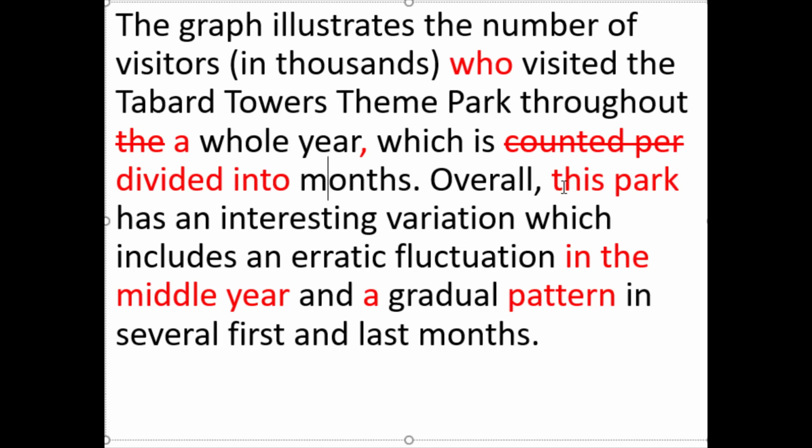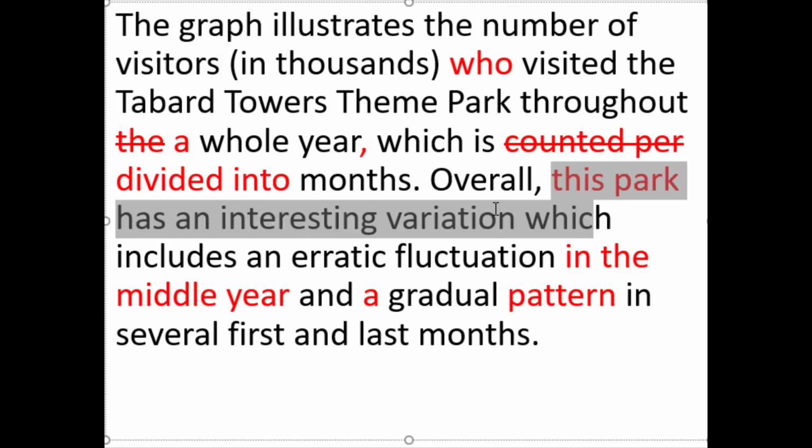Now, overall, this park has an interesting variation. You see, here's the problem. The line shows the number of visitors. The line doesn't show how the park has had interesting variations. The park pretty much stays the same, well, presumably, stays the same throughout the whole year.